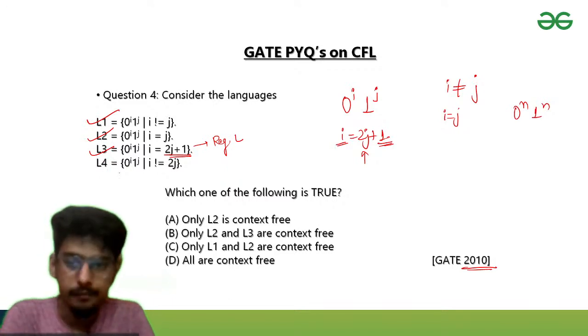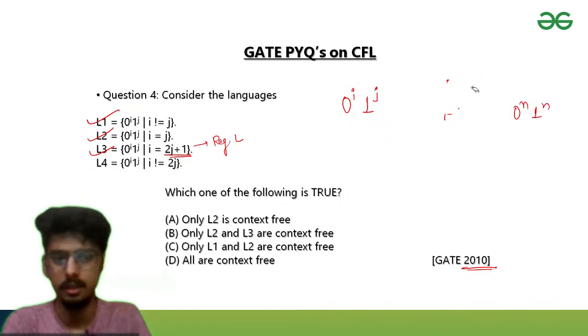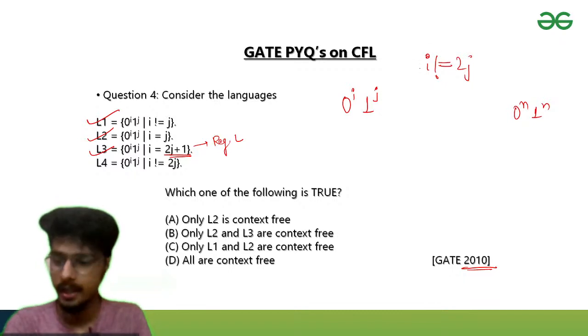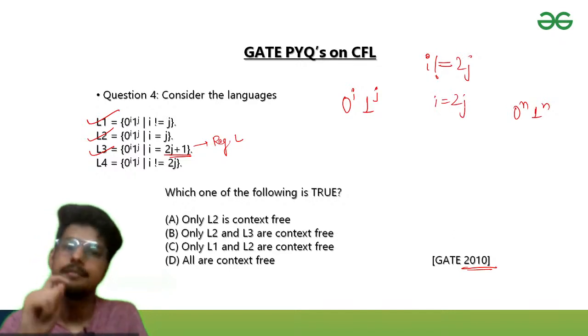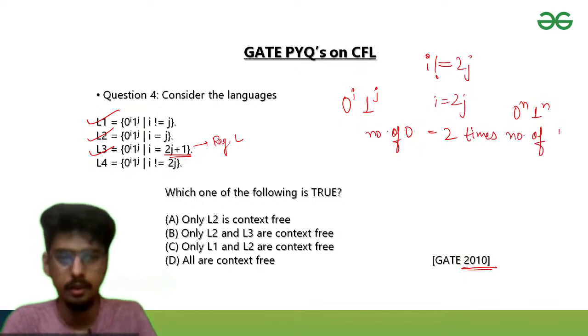Similarly, in L4, I say i is not equal to 2j. Again, one comparison. Why? Because i is not equal to 2j. If I had told you that i is equal to 2j, even in that case it was context free, because the number of 0 should be equal to 2 times the number of 1.